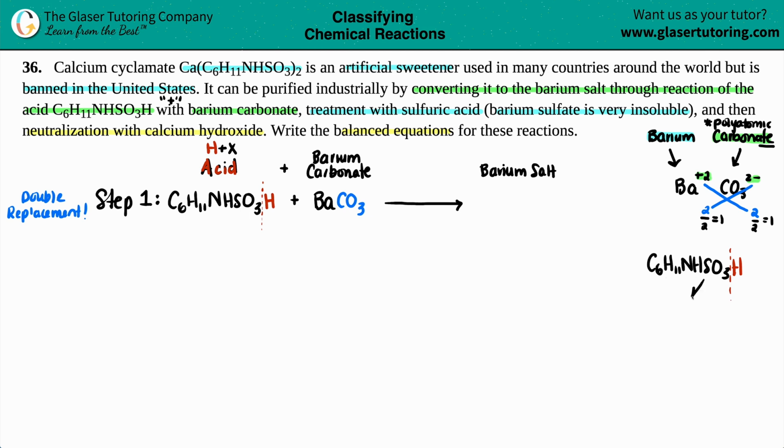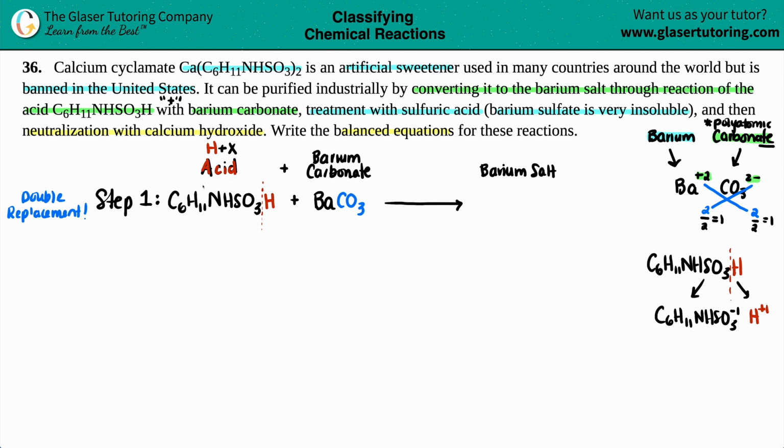This will break down into the C6H11NHSO3, and then just the hydrogen. But remember, the hydrogen is in group 1. So group 1s, especially if you just have nonmetals, the hydrogen is going to be the +1 charge, which means that this whole thing is going to be the -1 charge.